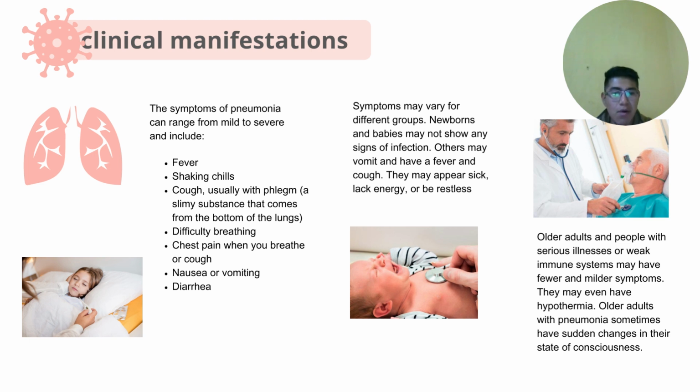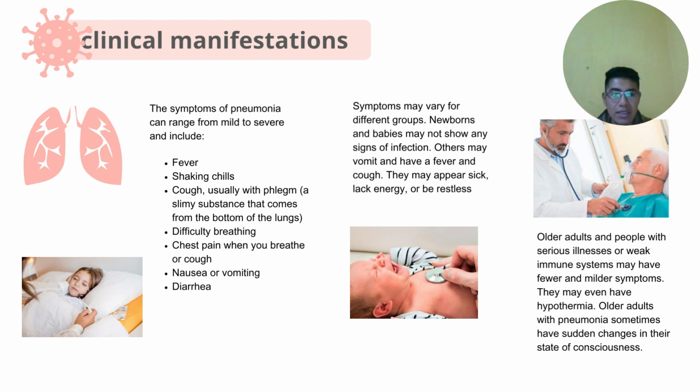Symptoms may vary for different groups. Newborns and babies may not show any signs of infection. Others might vomit and have a fever and a cough. They may appear sick, lack energy, or be restless.